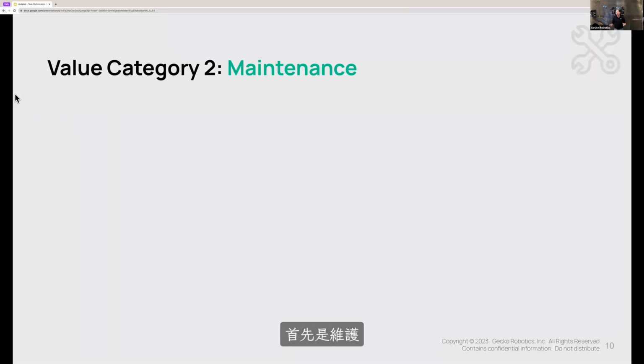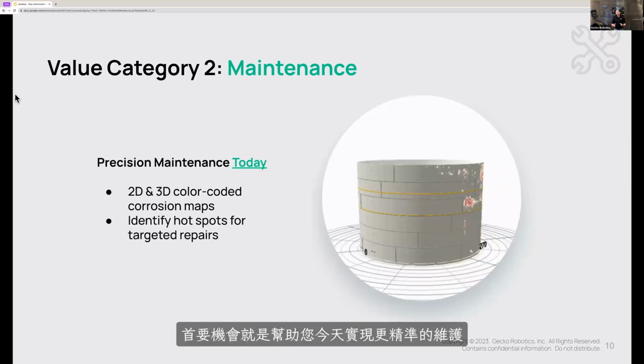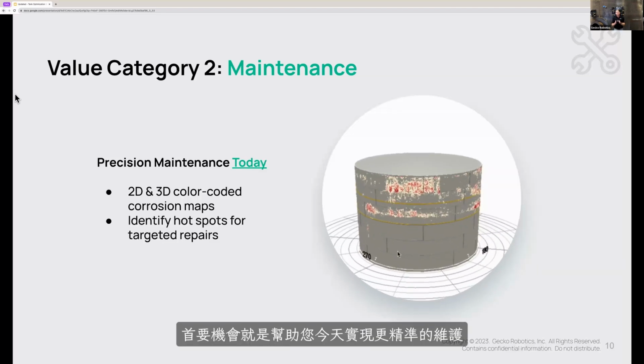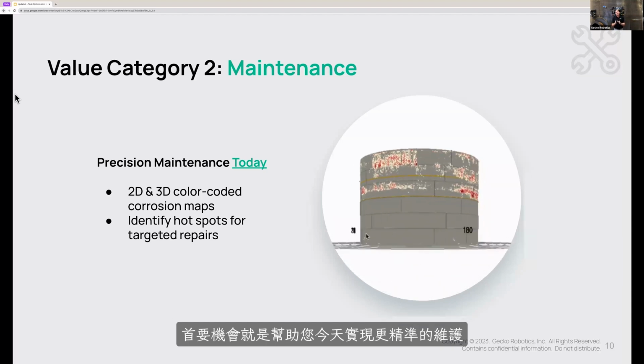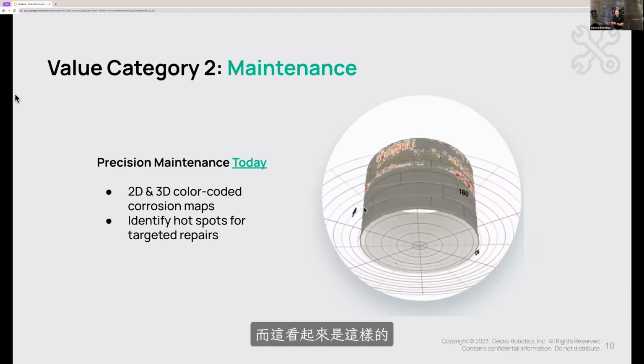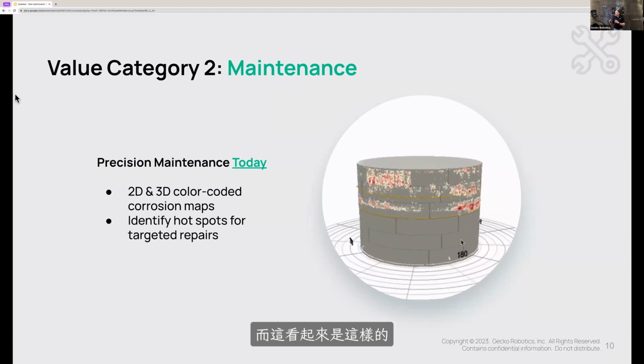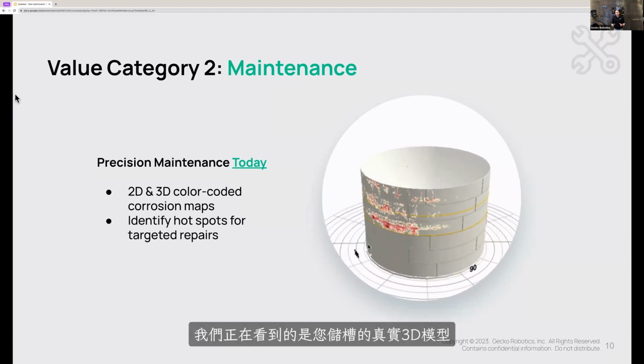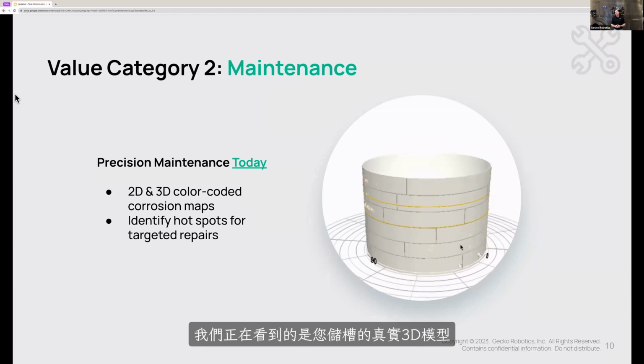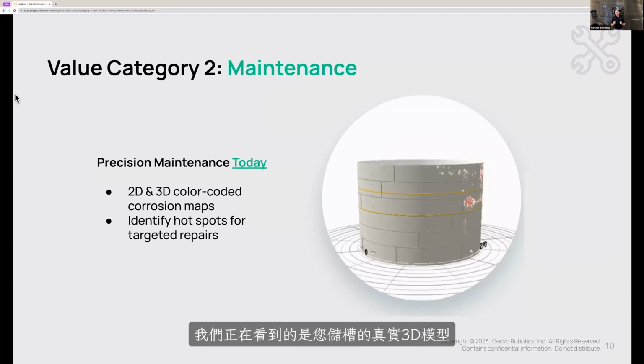So number one, maintenance. Remember, that was category number two. Now, in the maintenance arena, the first opportunity is for you to do better precision maintenance today. And this is what it looks like. What we're looking at here is a true three-dimensional digital twin of your tank.